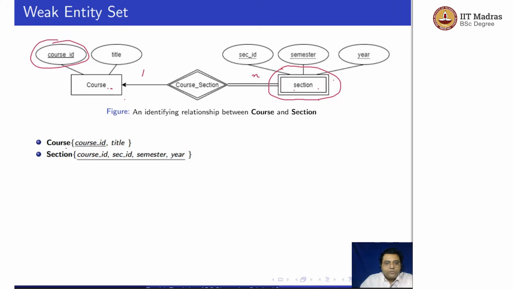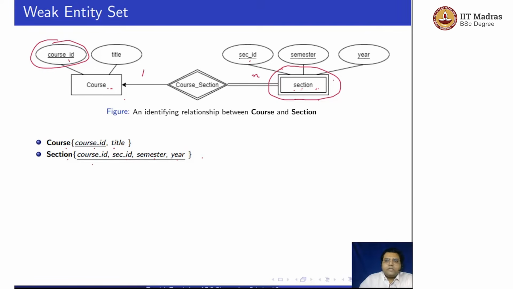We have the course ID as a primary key, and the title is another attribute, right? Whereas in the section, which is the weak entity, along with section ID, semester and year, this course ID also becomes an attribute of the section table.